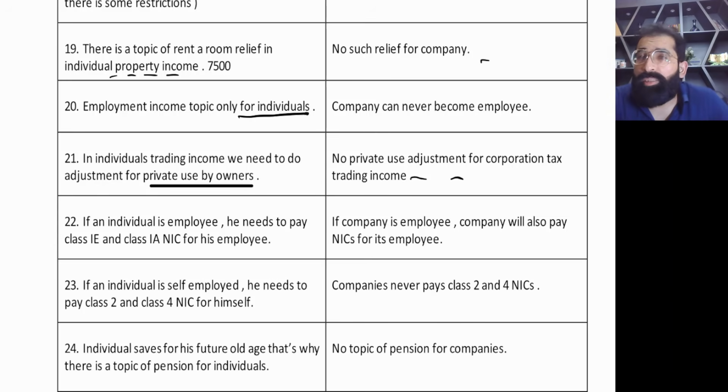Be careful, sometimes they give you a dodge, as covered in my normal class. Sometimes they say that the director of the company is using a car privately. Yes, the director is an employee, so if an employee does private use, no need to do any adjustment, you know that.